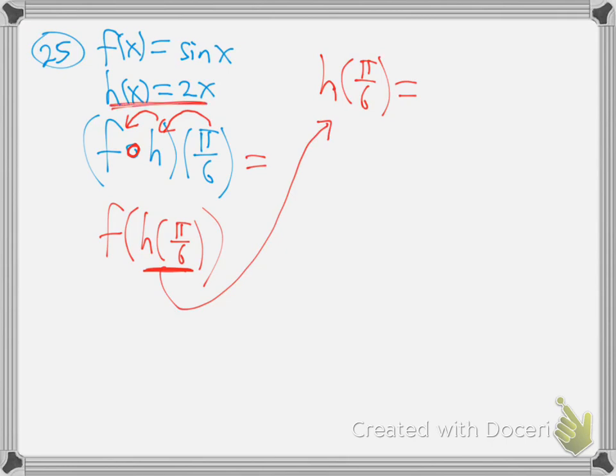Here's the h function. It's 2 times whatever you plug into it. Pi over 6. Is that making sense? The h function says, anything you plug in goes right there, multiplied next to 2. So 2 times pi over 6. How do you do a whole number times a fraction? 2 over 1 times pi over 6, cross cancel, pi over 3.